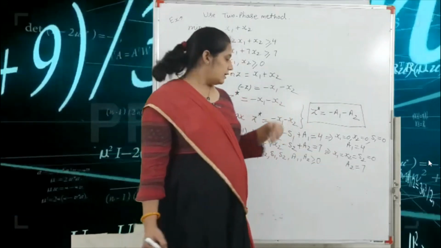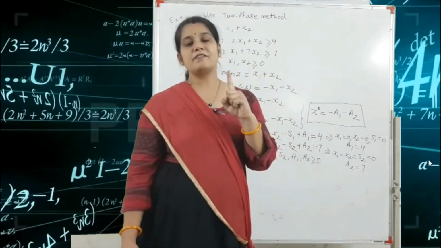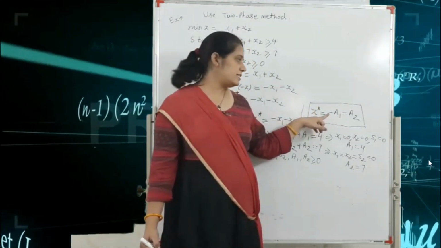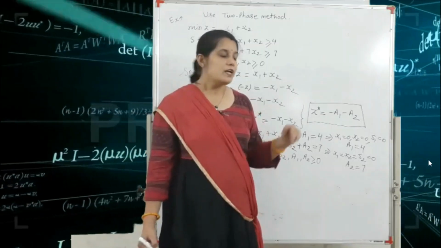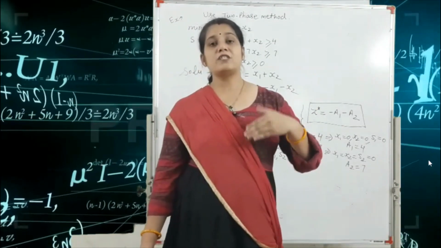If only one artificial variable is present, the objective function is minus a1. According to all these values, first we find phase 1.